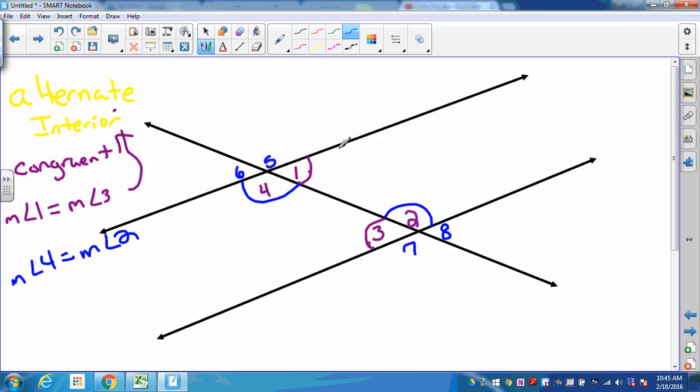If we have alternate exterior angles, let's start with angle 5. Angle 5 is going to correspond with 7, alternate exterior, which means 5 and 7 are equal. And that means that angle 6 is going to be congruent to the measure of angle 8 because of the same definition.